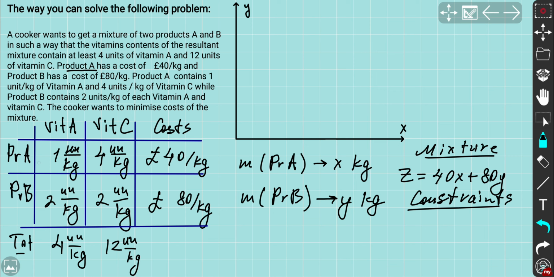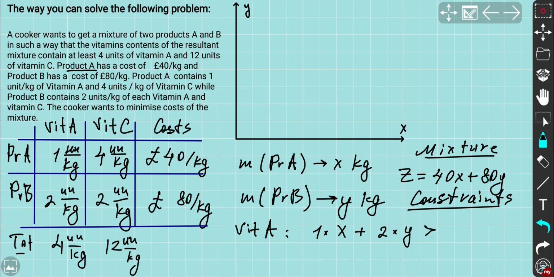If we mix product A with product B, we have 1 times x units of vitamin A. That's going to be the total units for vitamin A. On top of that, we're going to add 2 times y for vitamin A in product B. And in total, we're going to have at least 4. At least means at minimum.